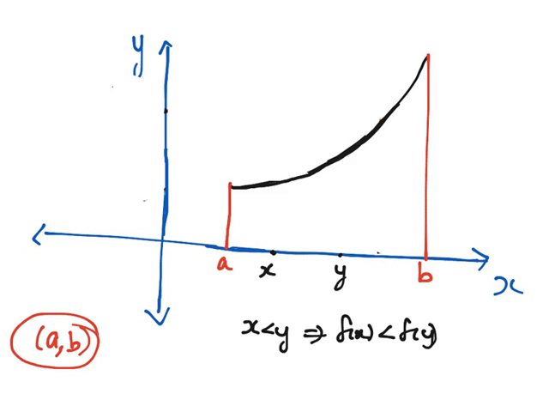Let's say I take another point z here. If y is smaller than z, do you think f of y will be smaller than f of z? Will it be true, students?